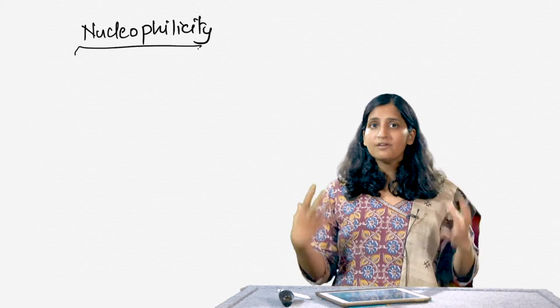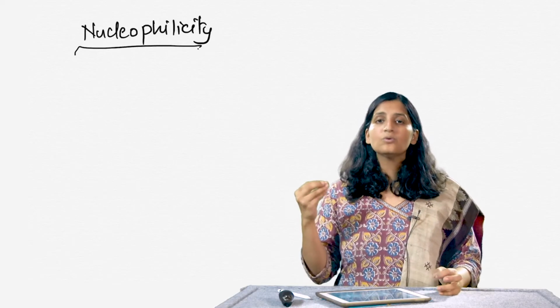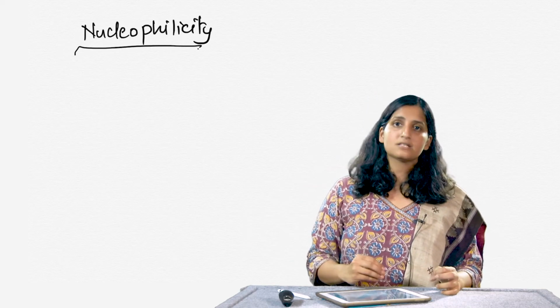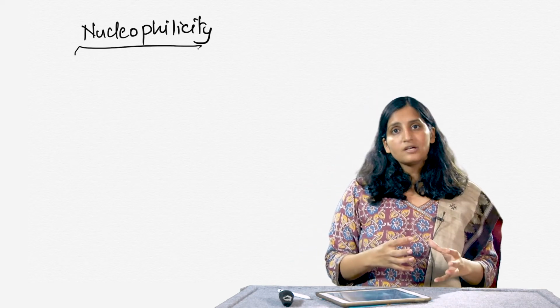So, tertiary butoxide, for example, even though it has a great charge, is so bulky that it very seldom does SN2 type of reactions. In fact, if it does, it will do it only with methyl alkyl halides. Tertiary butoxide will instead function as a better base rather than a better nucleophile.